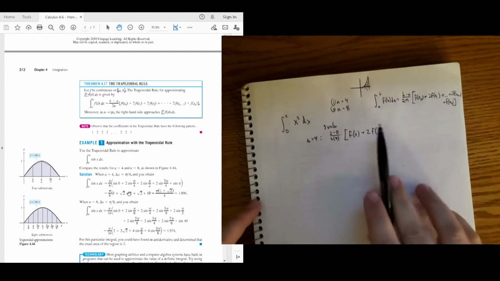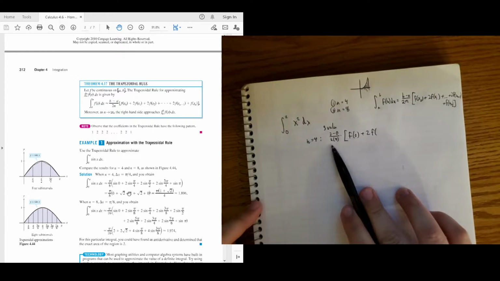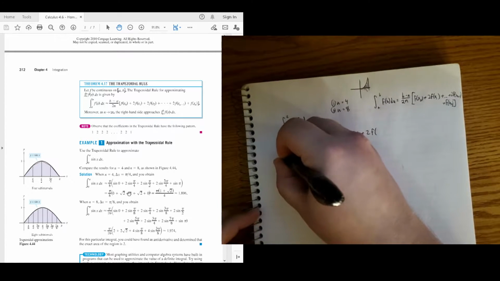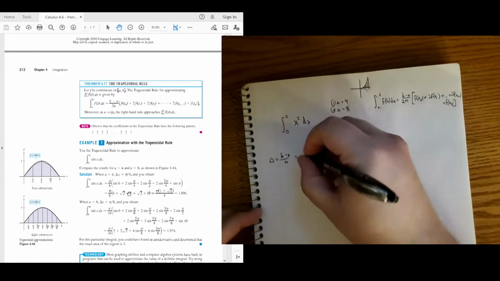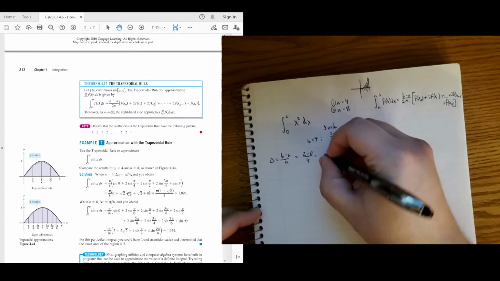Now, the number that goes in here needs to be based upon our delta value. So we're going to go back to what we talked about back in section 1, of b minus a over n for our delta value. In this case, our delta would be 2 minus 0 over 4. So that would be 1/2.